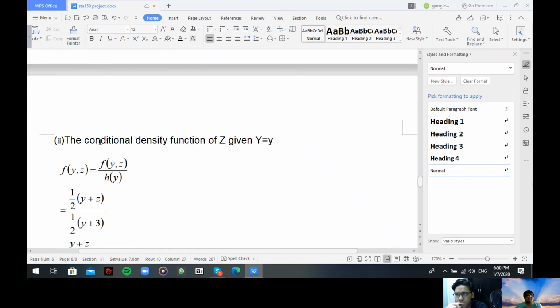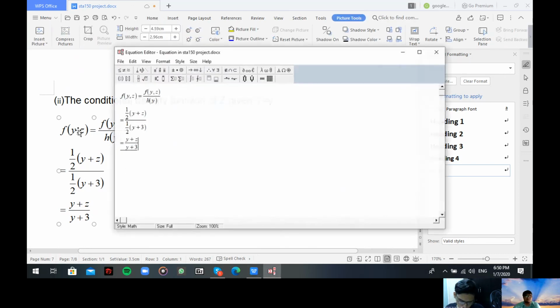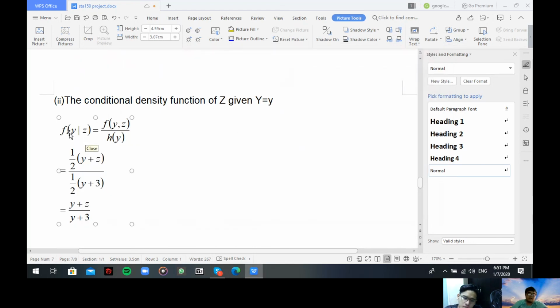Okay, for the second question, the conditional density function of Z given Y equals y. The right one is like this, because it is f(z | y). The stick, in Malay we call palang.